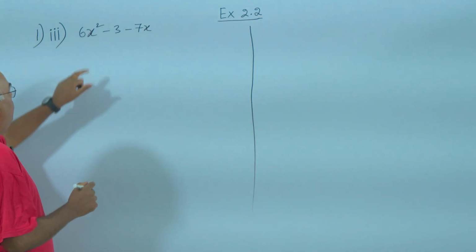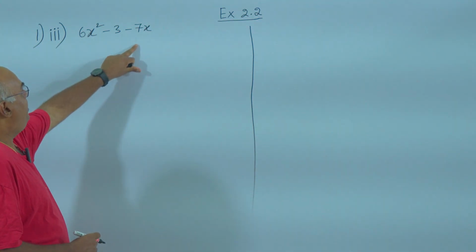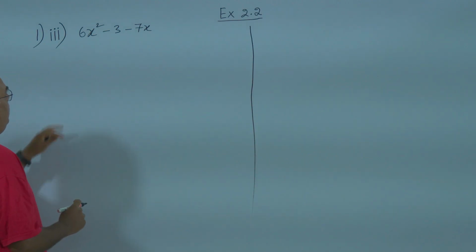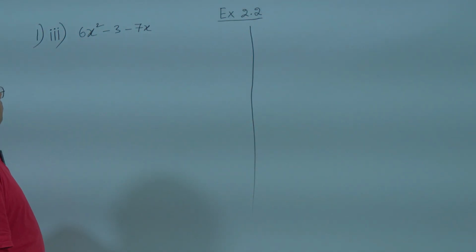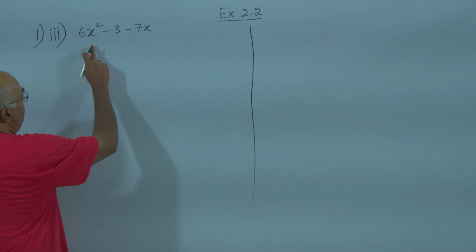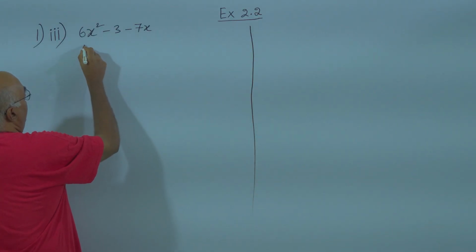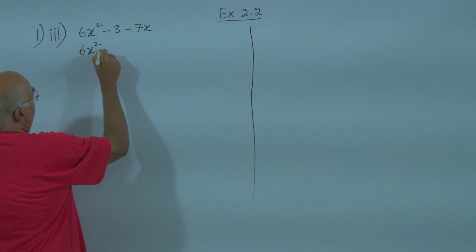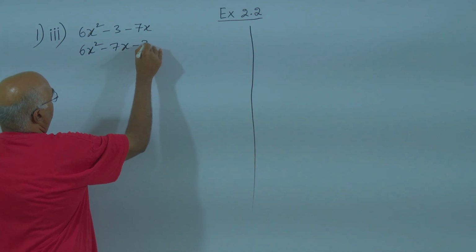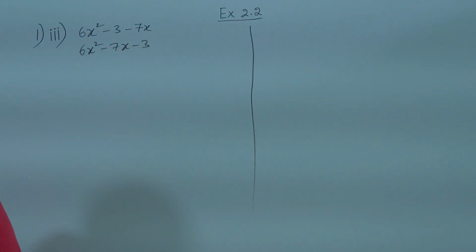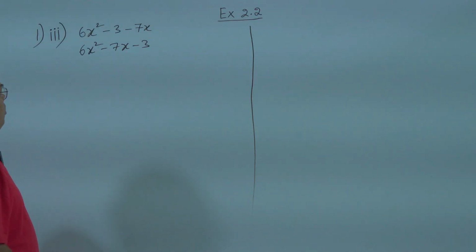The quadratic polynomial given here is not in a proper order. So I will write the given polynomial in the decreasing order of the powers of the variable. This same quadratic polynomial, I will write as 6x square minus 7x minus 3. Now I will compare the given quadratic polynomial with the standard form of the quadratic polynomial.